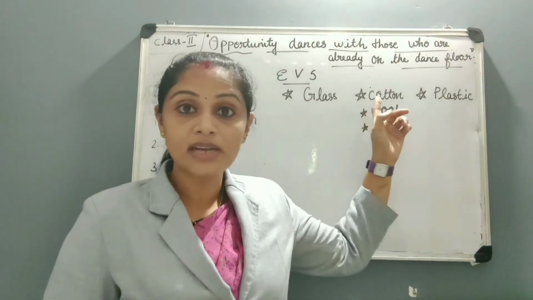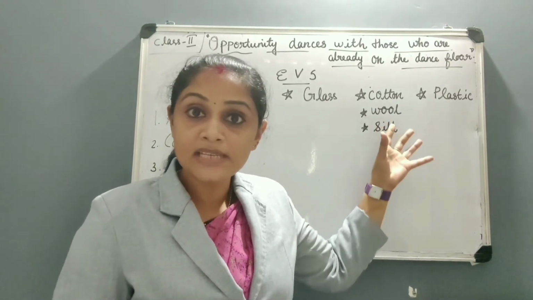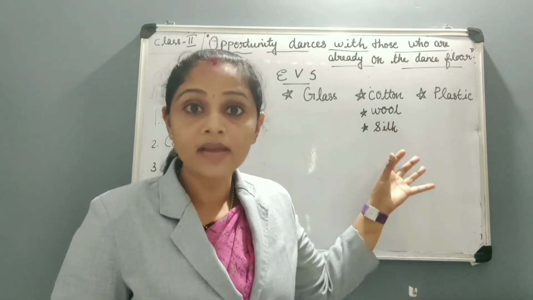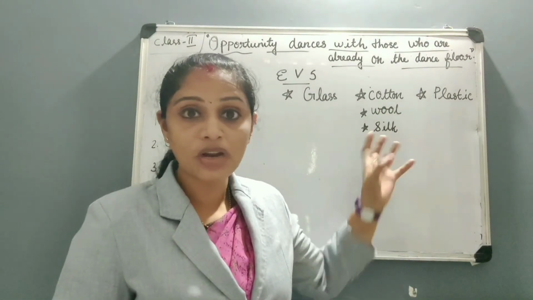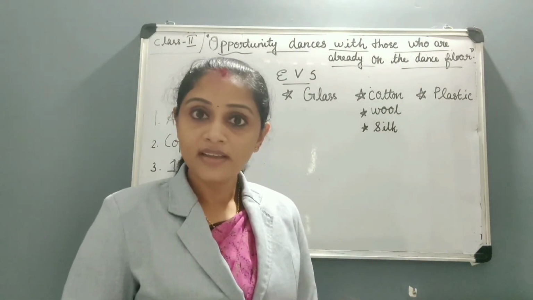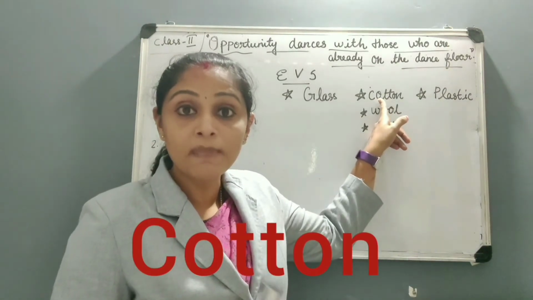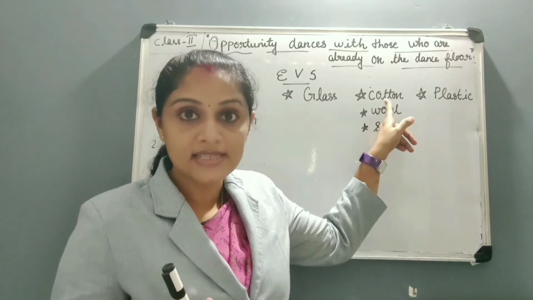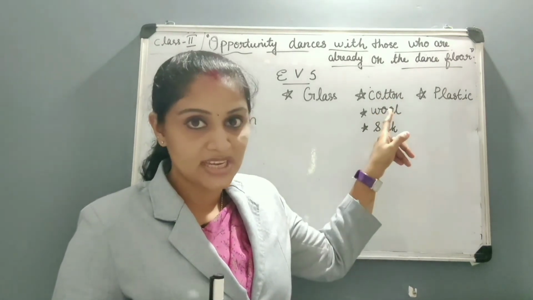Then next one is cotton, wool and silk. These materials are used for making clothes, and these three materials are natural materials. Why? Because this cotton we get from the cotton plant. Plant comes under natural things, so it's a natural material.